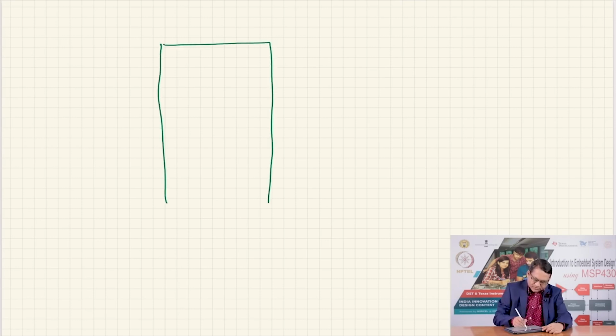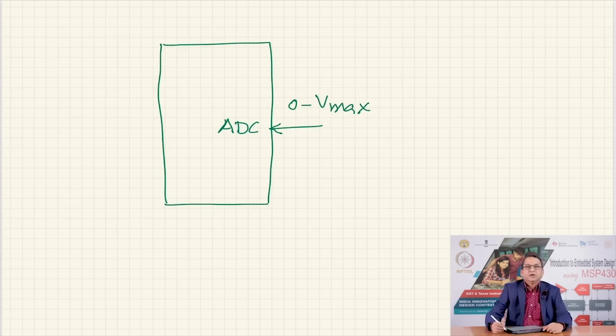So let us say that I have a microcontroller which is able to read voltage, and so that will be called an ADC input, where it has a range of say 0 to V max, that is any voltage between 0 volts and V max volts can be applied to this pin.